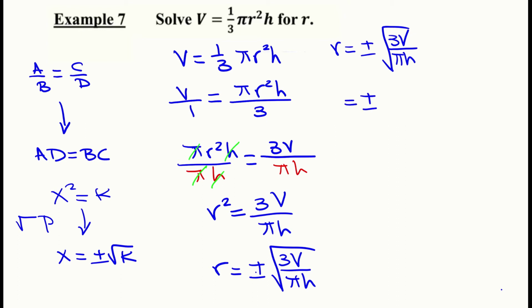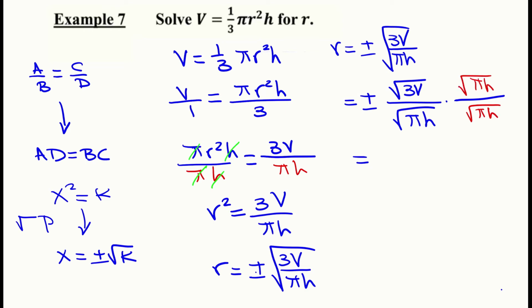So we get plus or minus square root of 3v over the square root of pi h. And now we'll go ahead and rationalize by multiplying both the numerator and denominator of this fraction by this radical. So we get the square root of pi h, and then the same on the top.